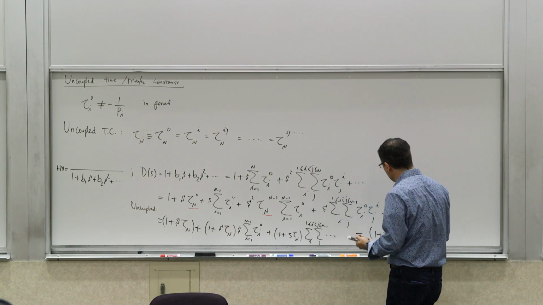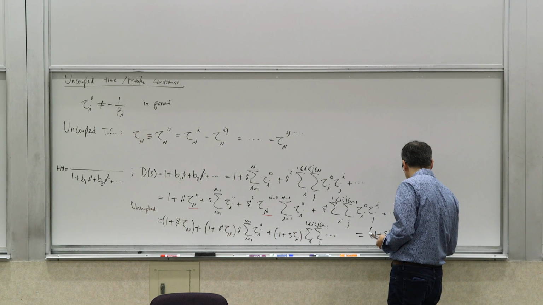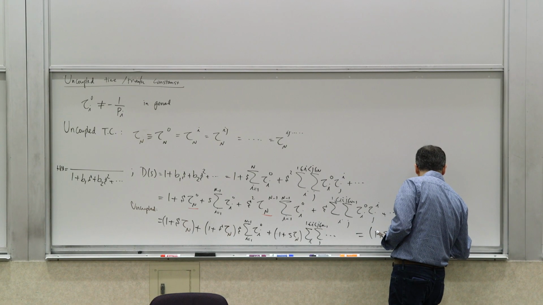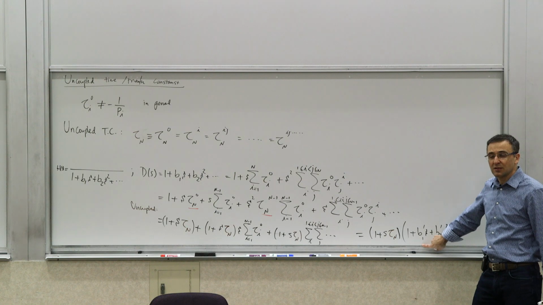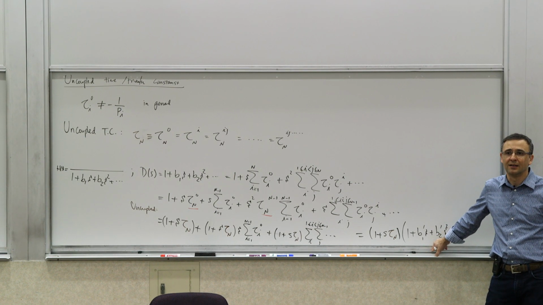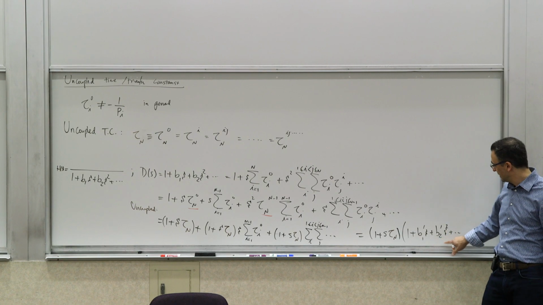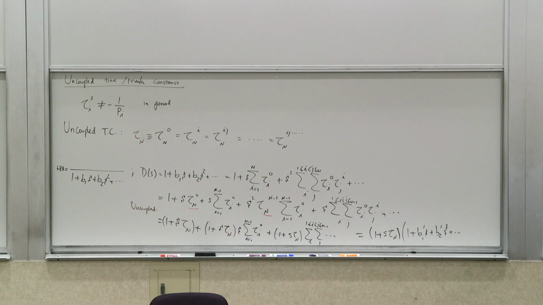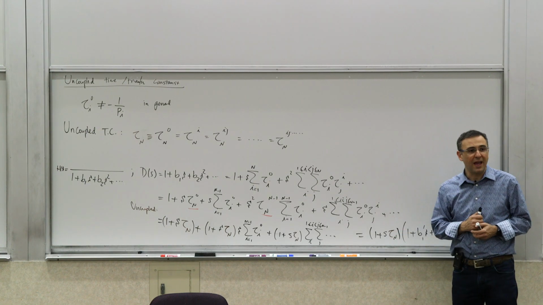You will have a new set of a's and b's, so let's call it b1 prime s plus b2 prime s squared all the way. And b1 prime is just the sum of the zero value time constants for all the other elements except for element n, which is taken out. And this is also a double sum all the way to elements n minus 1. And so on and so forth. Which basically means that now the denominator can be factored.